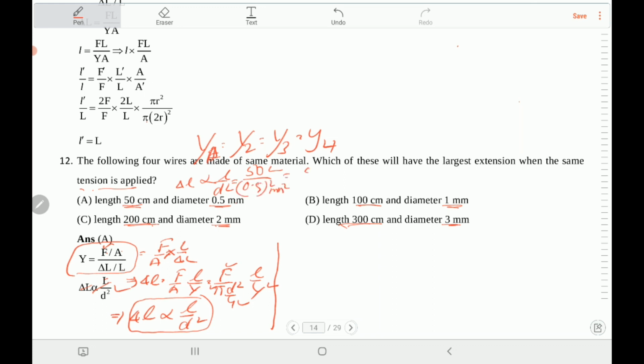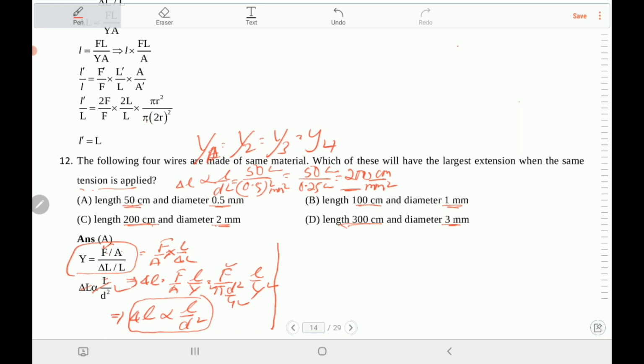So 50 centimeter divided by 0.25 is, multiplying and dividing by 100, 5000 divided by 25, which comes to around 200 centimeter per mm square. This is the ratio.